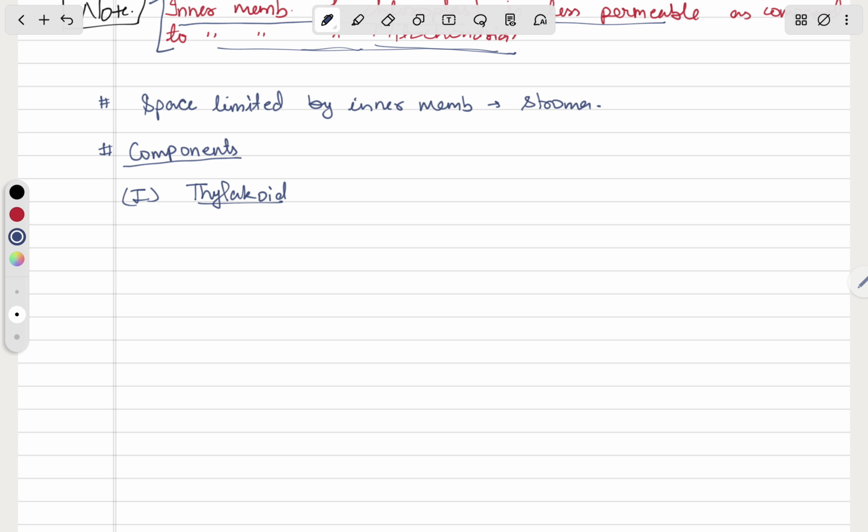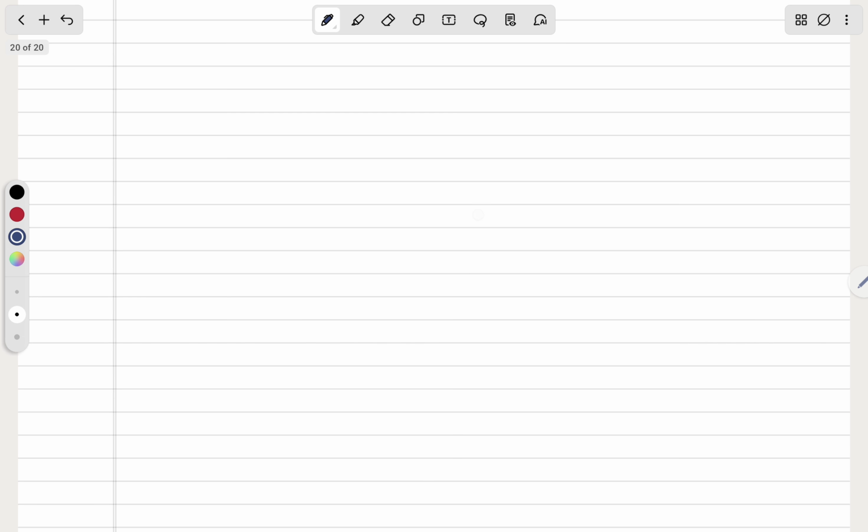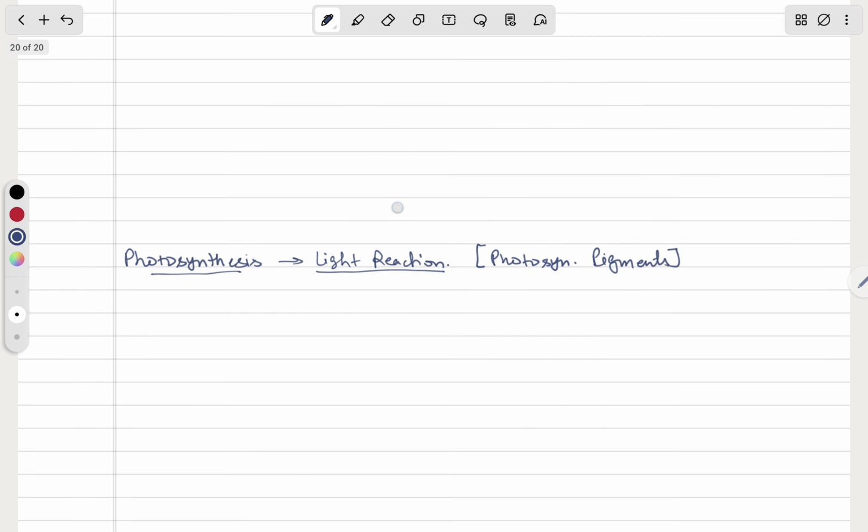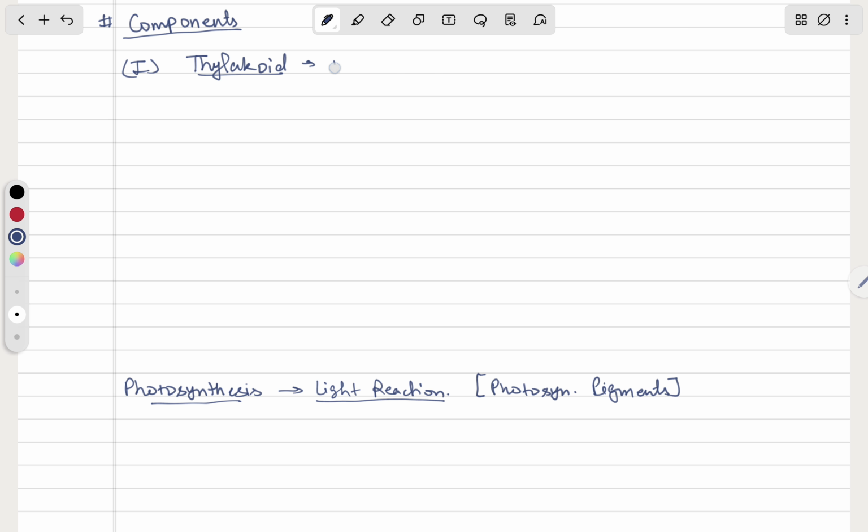Now, one important point about photosynthesis. In photosynthesis, we have two types of reactions. One is the light reaction. Light reaction means the plant will absorb the sunlight and convert the solar energy into chemical energy. That is the light reaction, and this light reaction involves photosynthetic pigments, and those photosynthetic pigments are present in the thylakoid membrane.